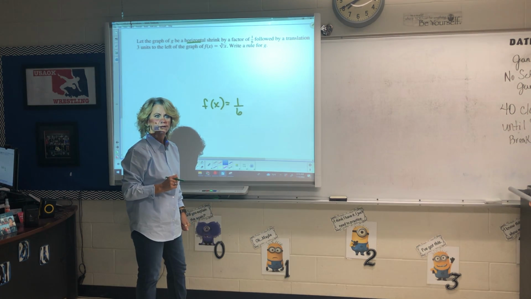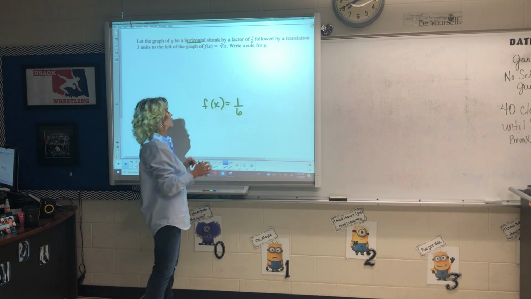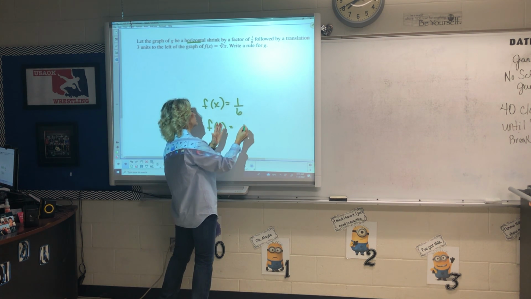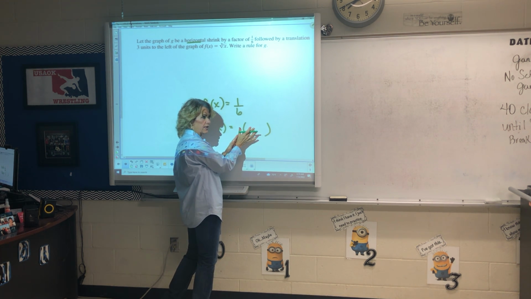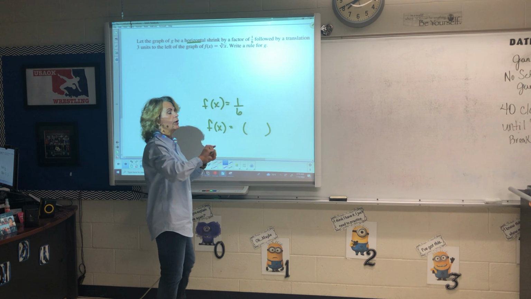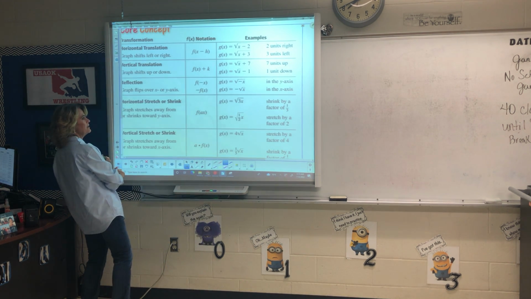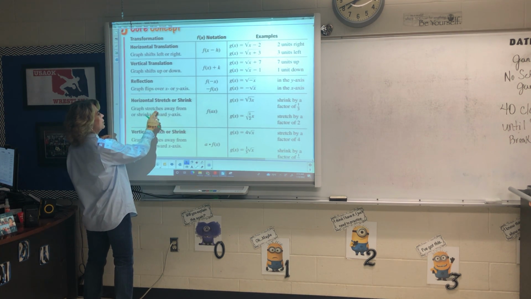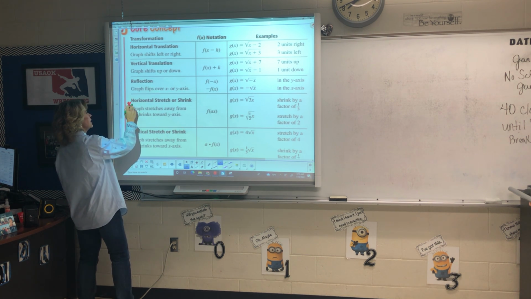But when we're talking horizontal, don't forget, we have f of x equals, and then it's going to be grouped with x. Everybody understand? And when it's grouped with x, we use the reciprocal. A prime example would be back here. We're talking about a horizontal stretch or shrink. Emphasize this right here.